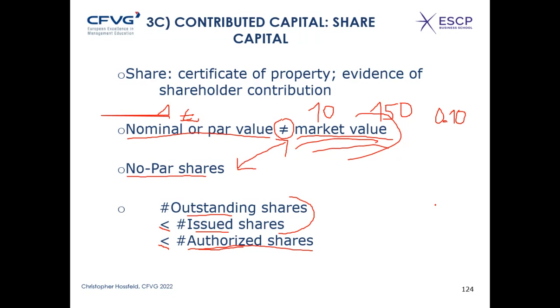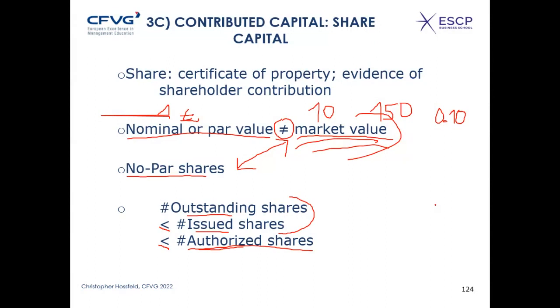So the management makes a proposition what to do and justify why they think it's a good idea to do this and that. But the final decision is made by the shareholders. So here, authorized capital means the shareholders authorize the management to issue shares in the future, for example, for stock options, but also for other reasons, without asking the shareholders again, because they authorized it already.